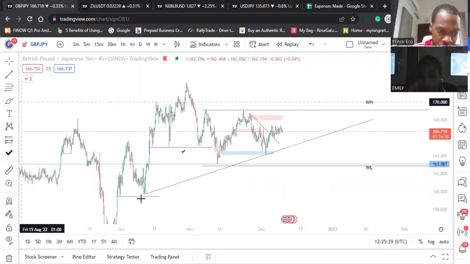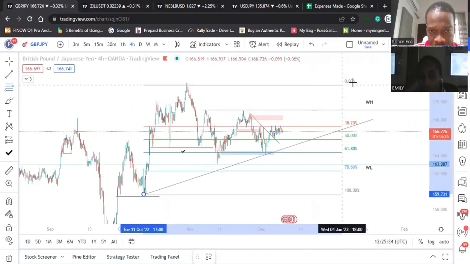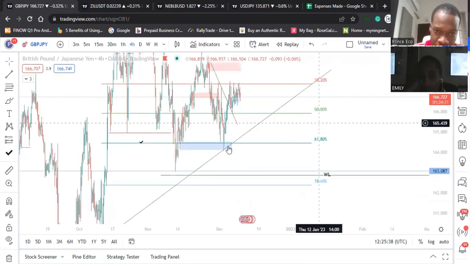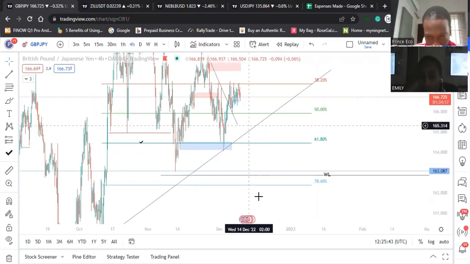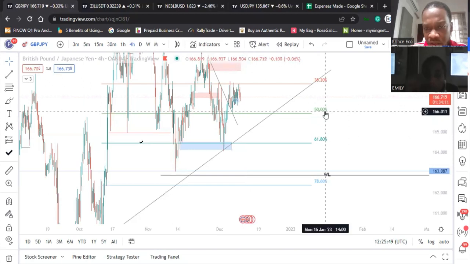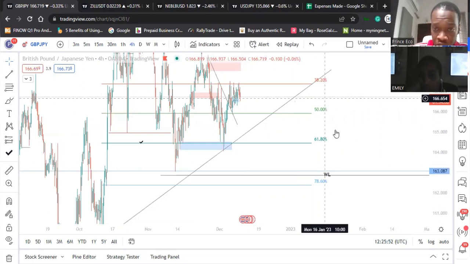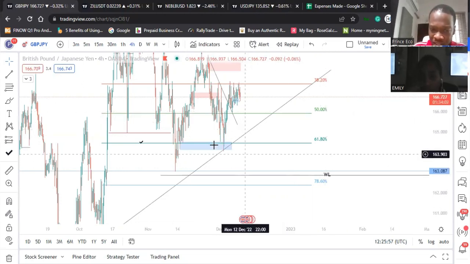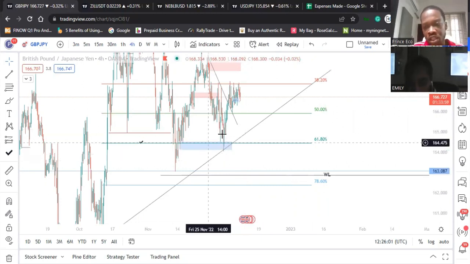So if we look at using our fib, where did the market relax? Still on my 61. I like using this 61 because whenever the market breaks through it, that means it has changed direction overall. The market can come to this 50%, which is the golden ratio, and just get there and go back up. But when it gets to 61.8, to me that is a very long stretch for the market.